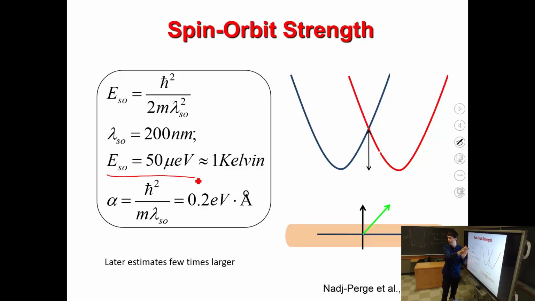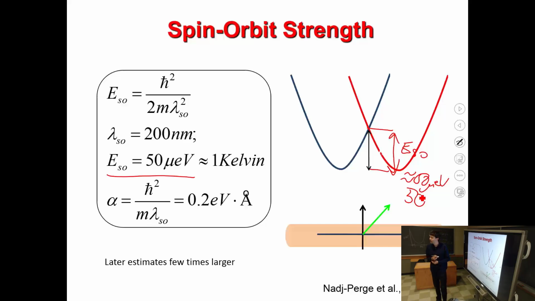The two one-dimensional parabolas split, and if you measure this distance, this is E_SO, which was measured to be about 50 microelectron volts. Since then, this estimate was revised upwards by about a factor of 10 to 20. So it is actually a pretty large energy scale.